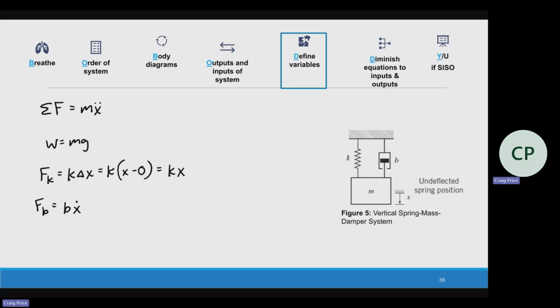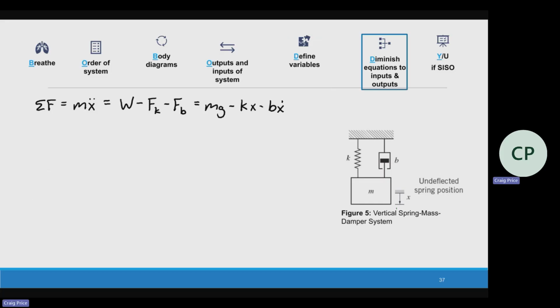So for the free body diagram, we are going to take that first equation, Newton's second law, and we're going to plug in using the free body diagram. Now, just be careful what is positive and what is negative. We just want to be consistent, right?